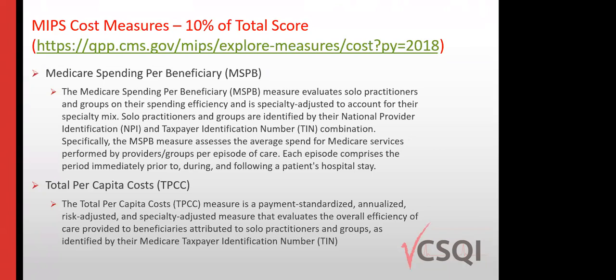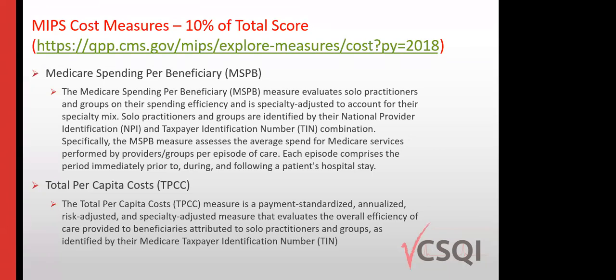For 2018, these 2 measures will comprise 10% of your total score that's used to determine your payment adjustment, in this case for 2020. So you can see, and these measures are explained in greater detail, including how they're calculated, at the link at the top of the slide here.